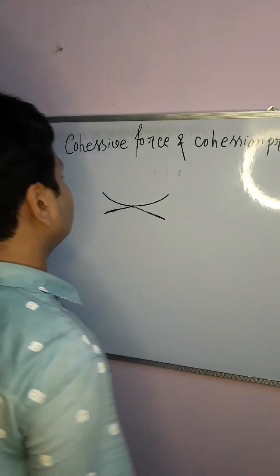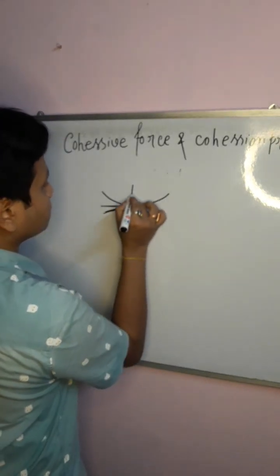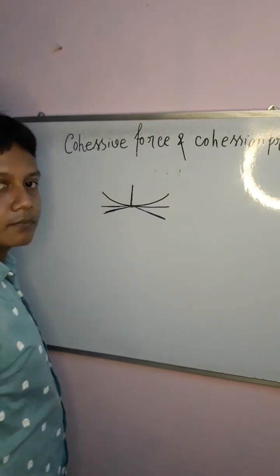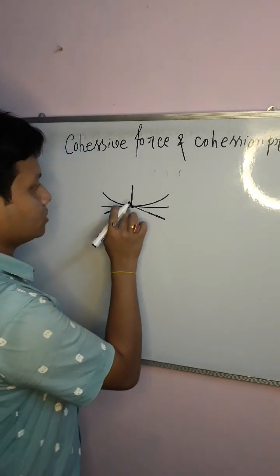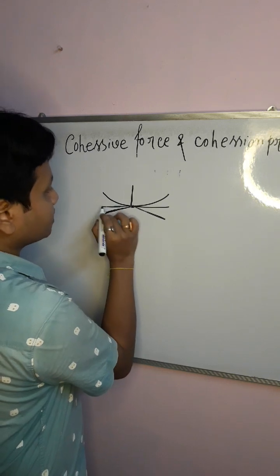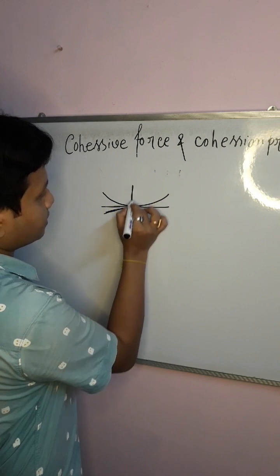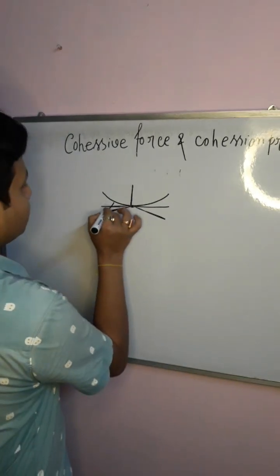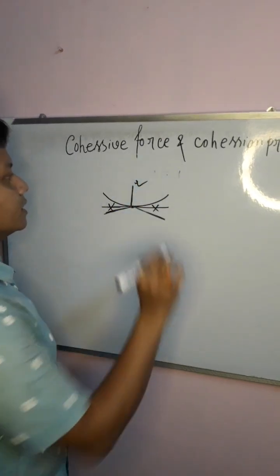If we resolve each into two components, this is the horizontal component and this is the vertical component, and for the other, this is the vertical component and this is the horizontal component. We see that the horizontal components cancel each other, and only the vertical component remains.